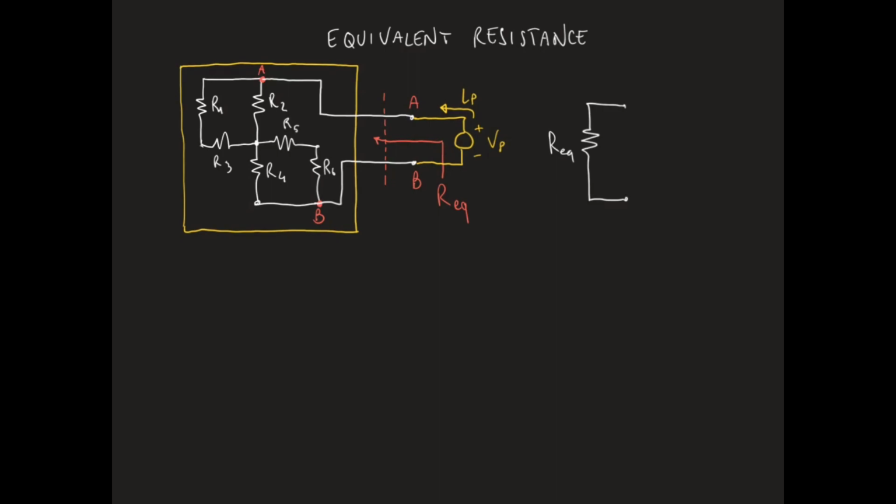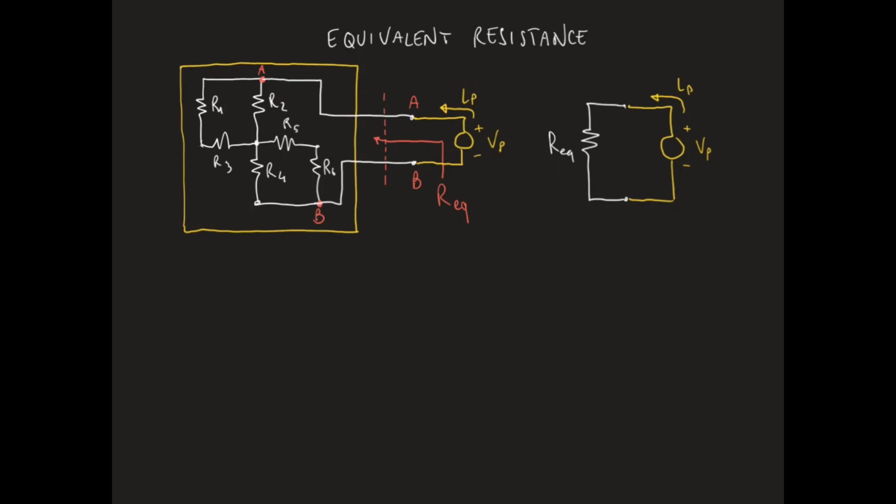If we apply the same voltage source to the resistor R sub EQ, and this resistor is equivalent to the network between nodes A and B, then this resistor will draw exactly the same current Ip as the network under investigation.